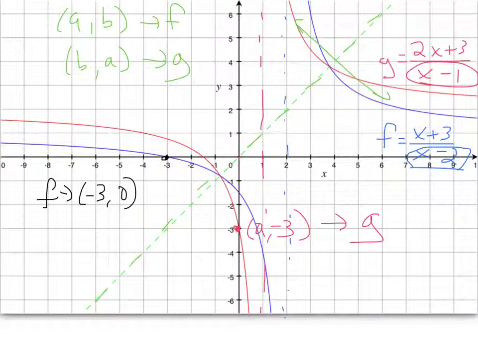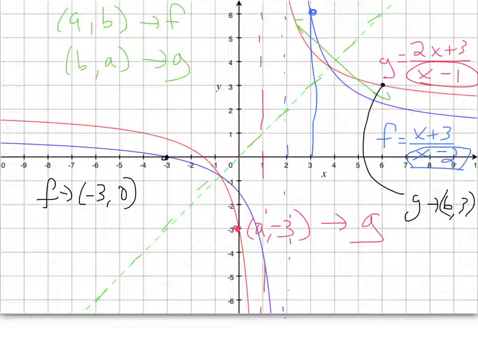If we take a point that's on g, for example, the point 6, 3, g has the point 6, 3 on it. f should have the point 3, 6. Well, we go over 3, we go up 6, and sure enough, 3, 6 is on f.